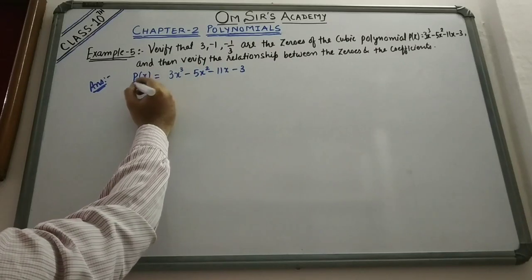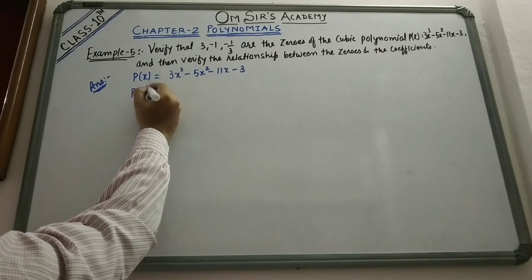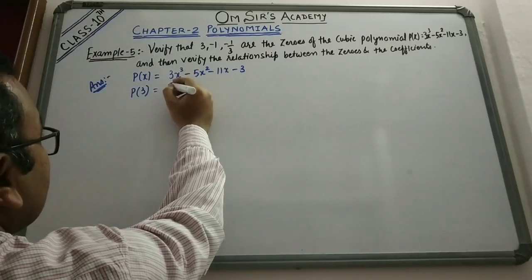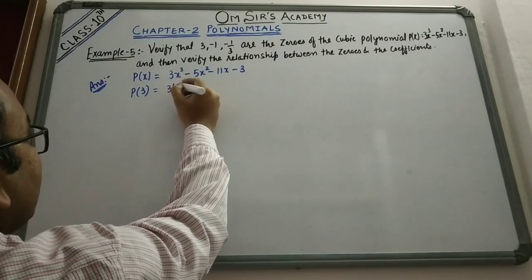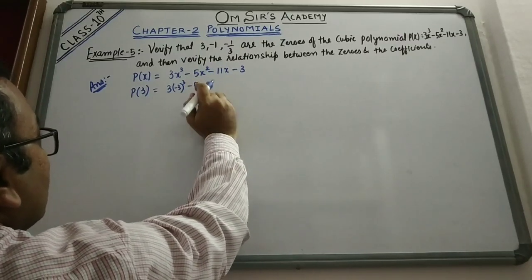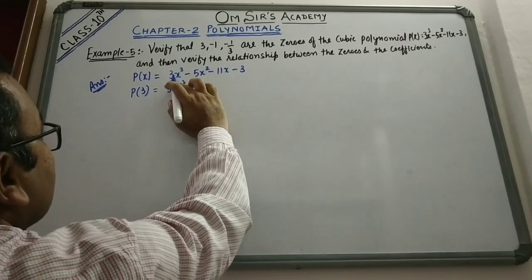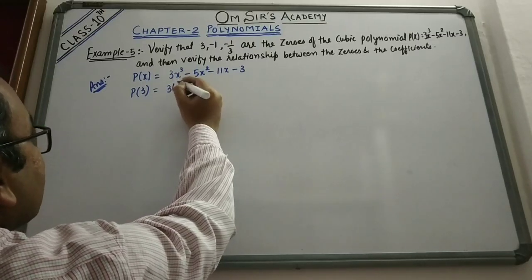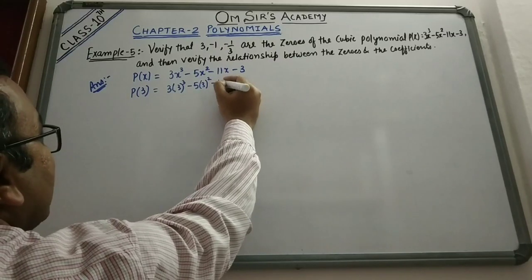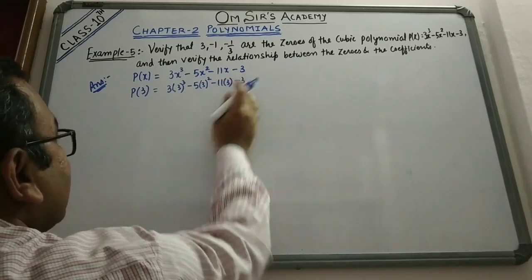So if I substitute the value 3 in place of x, what is the value of this polynomial? So 3 into 3 cube, it is 3, not minus 3, minus 5 into 3 square minus 11 into 3 minus 3.